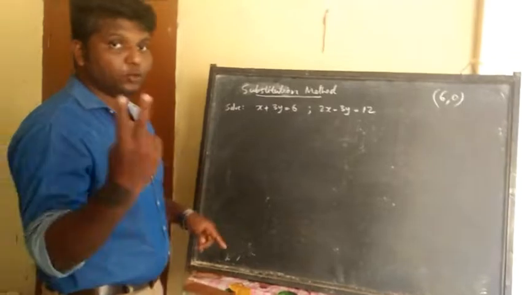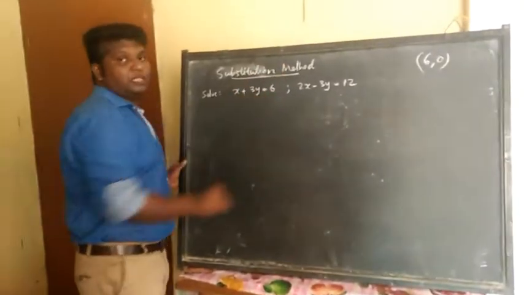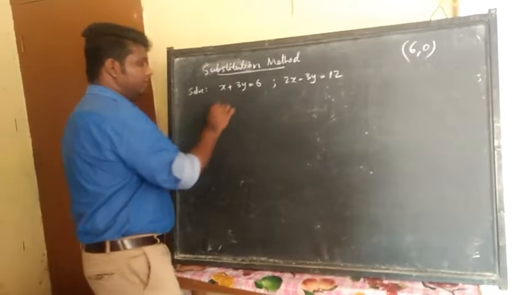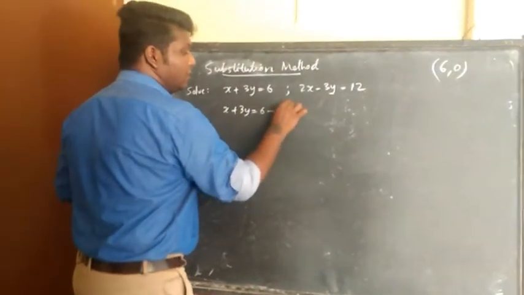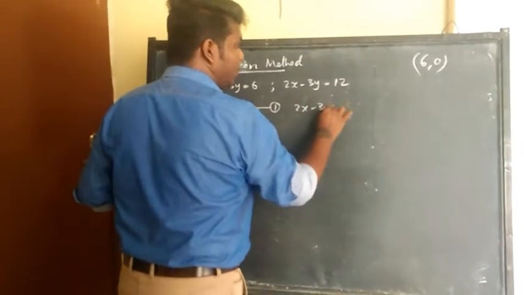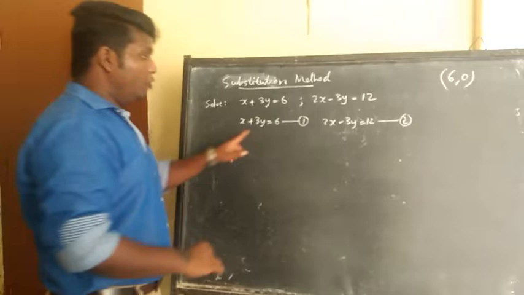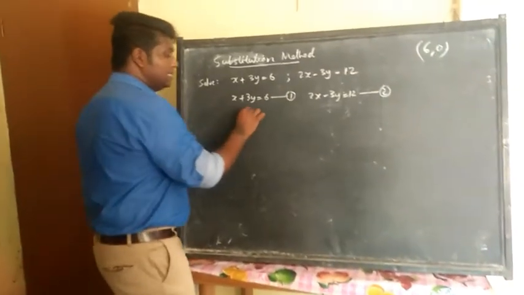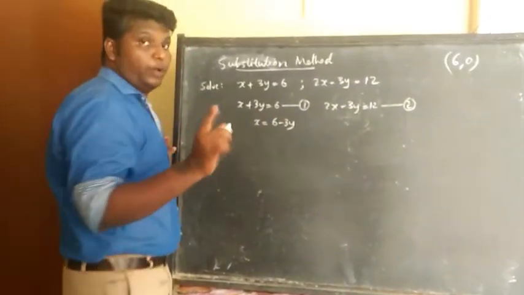So here it is. I'm giving this a system of equations. There are 2 equations, and from this one, the method of substitution means you have to substitute. Take the first equation, x plus 3y is equal to 6. Call it equation number 1. 2x minus 3y is equal to 12. You can call it equation number 2. From equation number 1, we can write x is equal to 6 minus 3y.